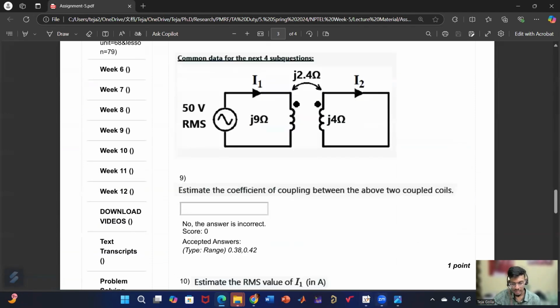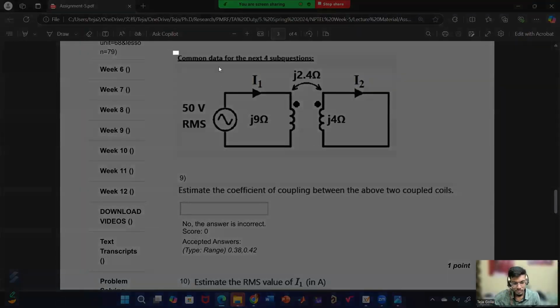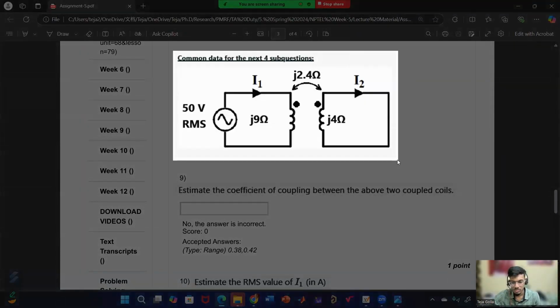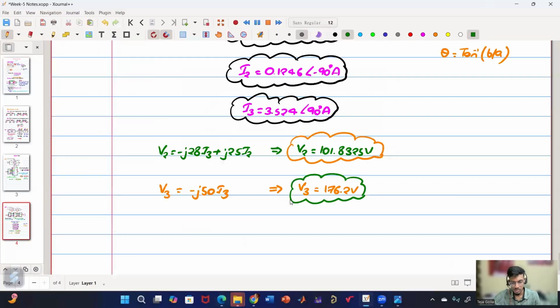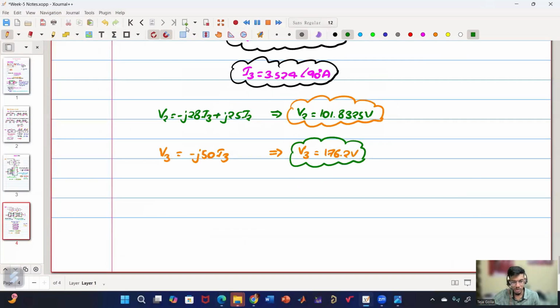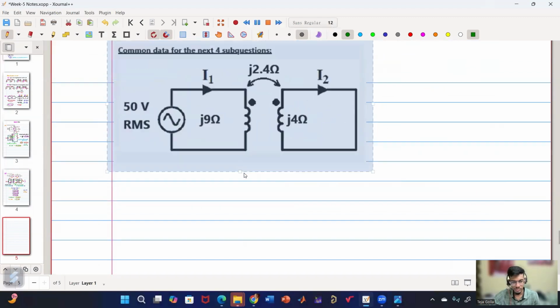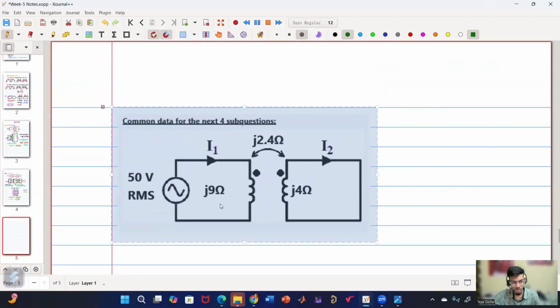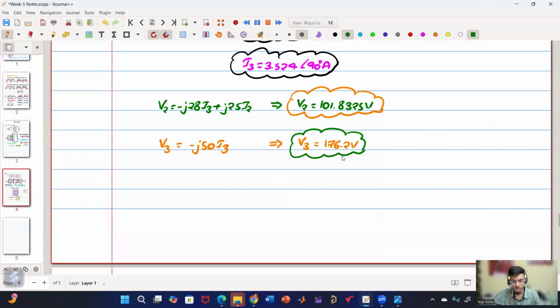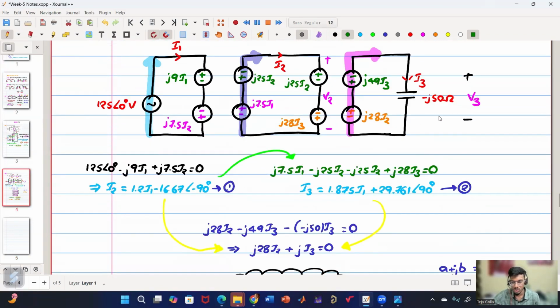So anyone has calculated and checked whether you are getting the same expression or not? Anyone was able to get this expression? Sir, what is the value of V3? Minus J50 into I3.